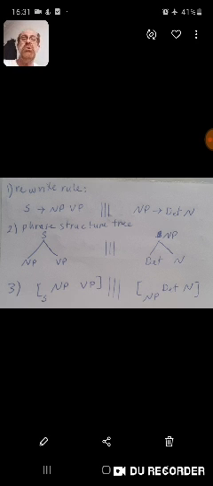Okay? Number 1, as you see, we have the rewrite rule. We call it a rewrite rule. The idea is that we say S rewrites as NP VP. Number 2 below it is a phrase structure tree, okay? And you see, it is like a tree, of course it is upside down.